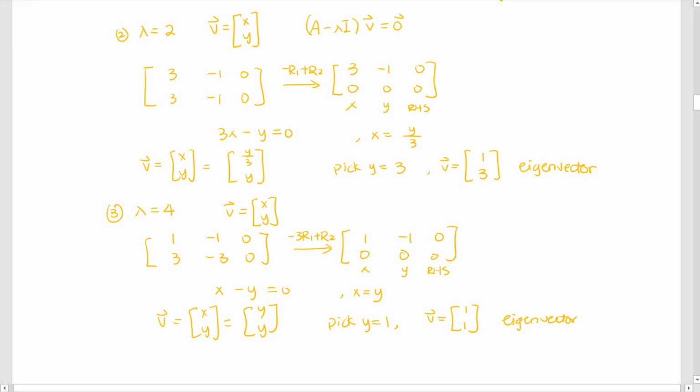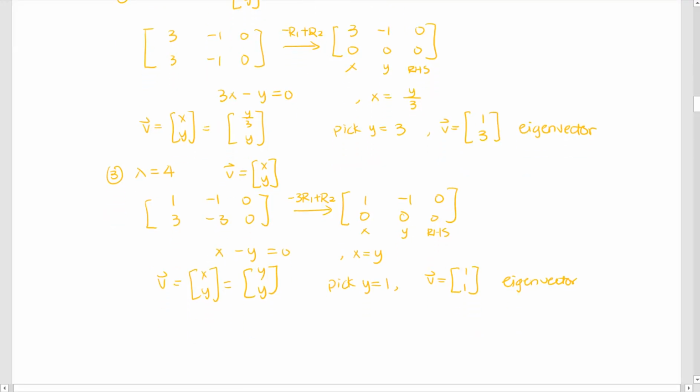Okay, so now we have 2 eigenvalues and 2 eigenvectors. What is the solution? Well, remember, the solution is in the form of the eigenvector times e to the eigenvalue t. So the solution, x of t equals c1 times the first eigenvector, which is (1, 3), e to the, what's the eigenvalue? 2t, right?